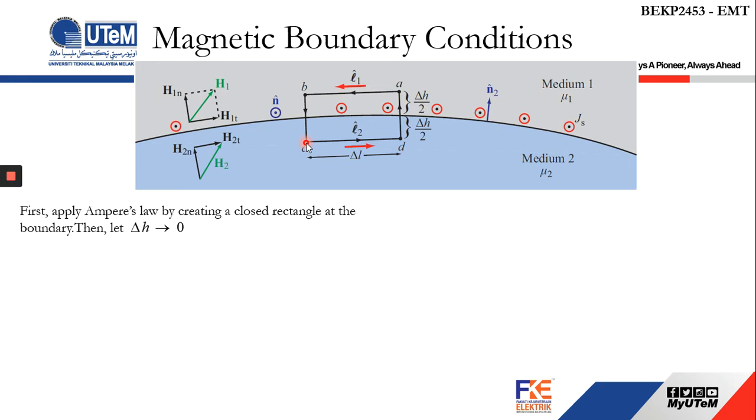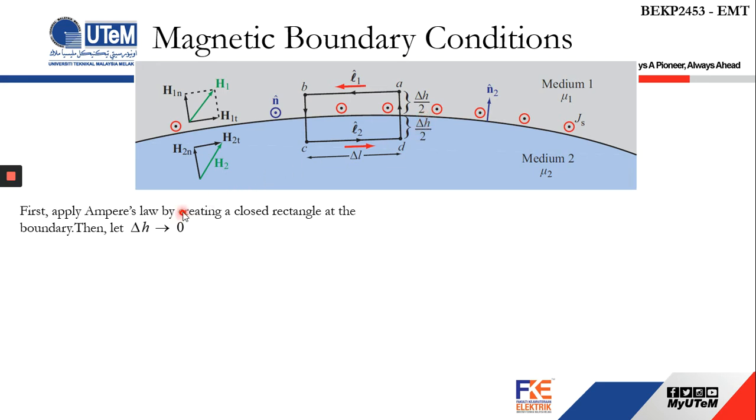So first we apply Ampere's law by creating a closed rectangle at the boundary. The length is given as delta L and the height is delta H, and we set it up in such a way that the rectangle is cut evenly across the boundary. That's why we have delta H over 2 and delta H over 2 here.